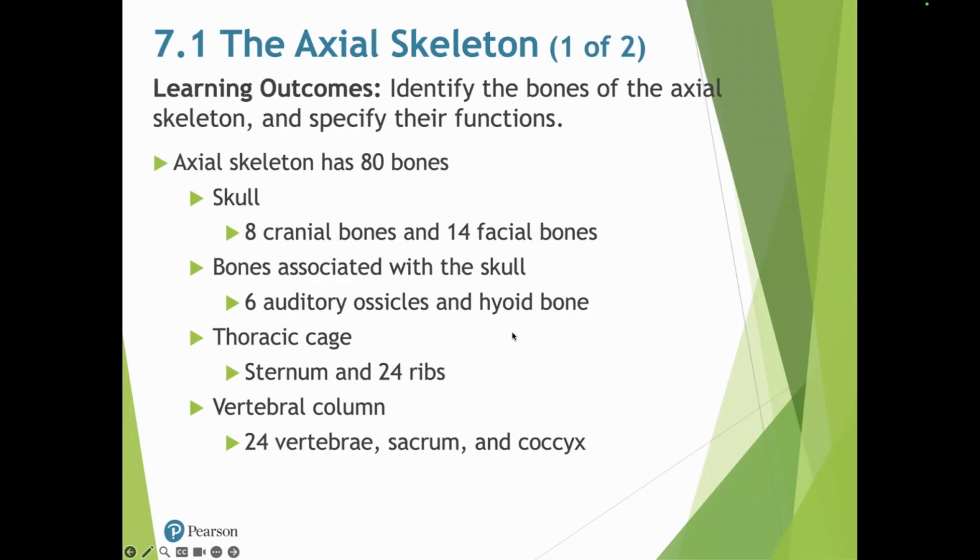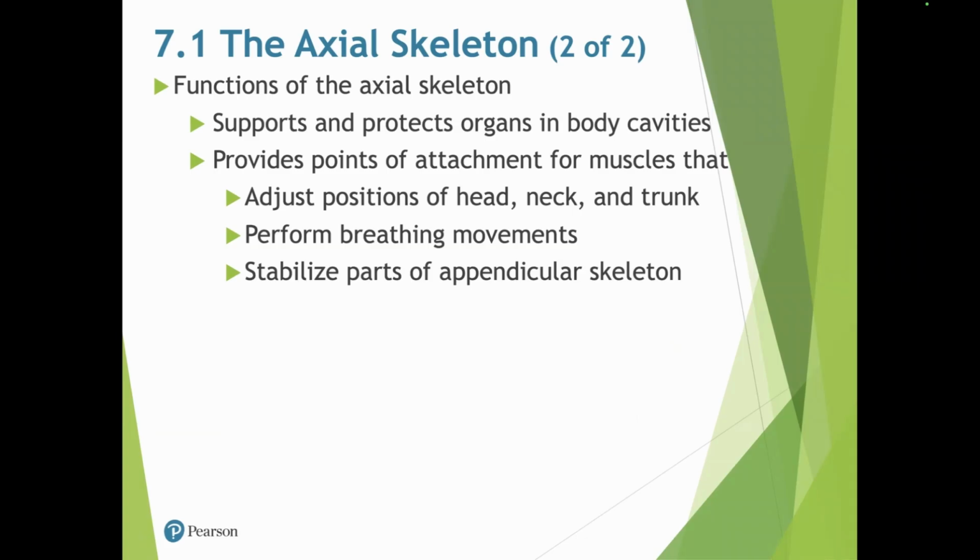So what are we going to learn? We are going to learn to identify the bones of the axial skeleton and their specific functions. I already went through all of the numbers on the previous slide. The function of the axial skeleton is to support and protect the organs of the body. That is the point.